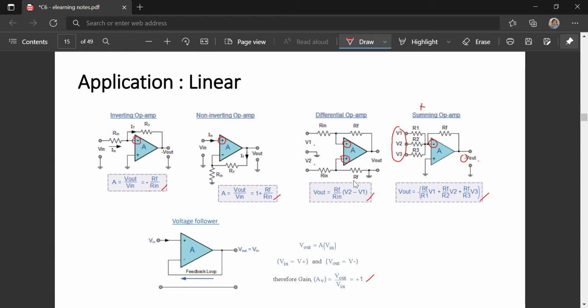Next is voltage follower. Voltage follower means the gain is 1. So we don't want to amplify the signal, but we want to prevent problems such as reverse current.